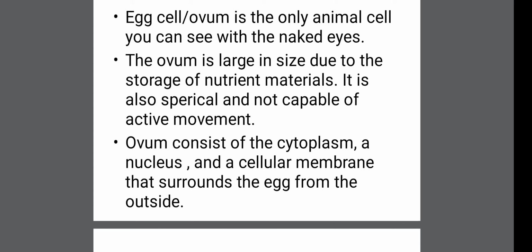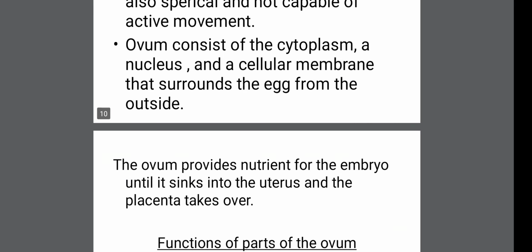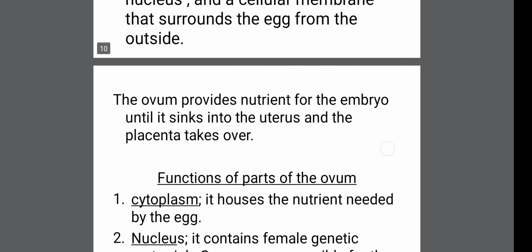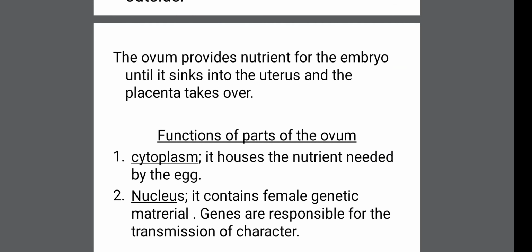It is also spherical and not capable of active movement. It consists of the cytoplasm, a nucleus, and a cellular membrane that surrounds the egg. The ovum provides nutrients for the embryo until it sinks into the uterus and the placenta takes over.